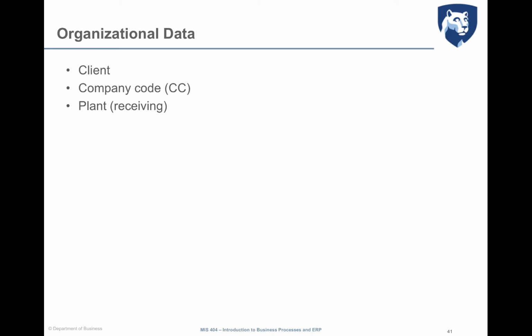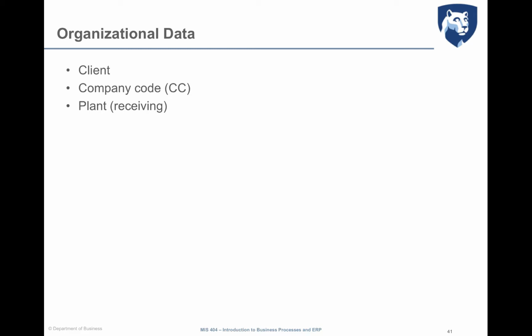However, most activities in the procurement process occur within a company code, and plant is also involved, as a plant fulfills many functions in a company, including procurement. In particular, in the context of procurement, a plant is the location where the materials are received.